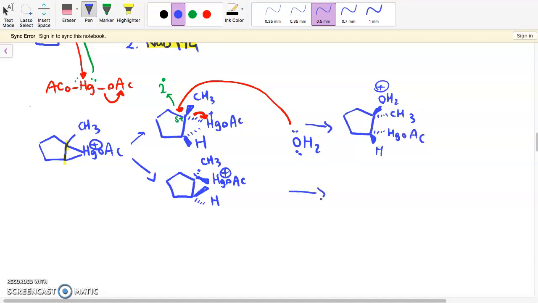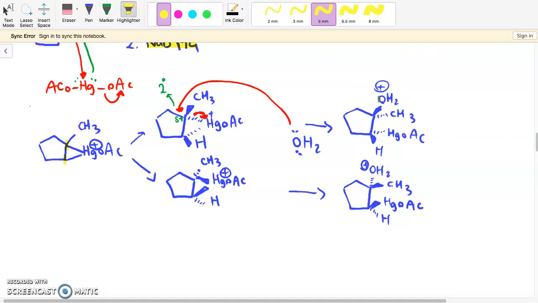And if we do the same thing for this intermediate, or this enantiomer, we're going to get water, CH3, H, and mercury. Now you should always be careful of OH2 positive.